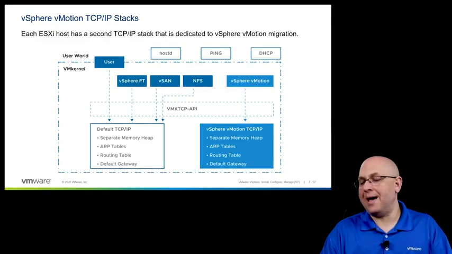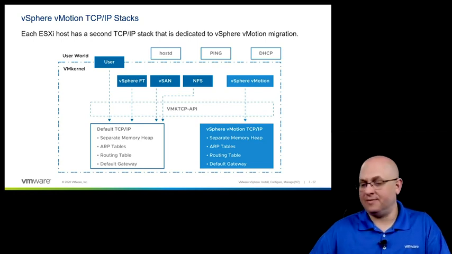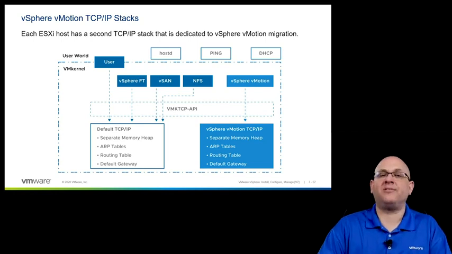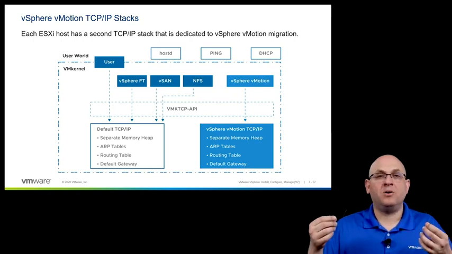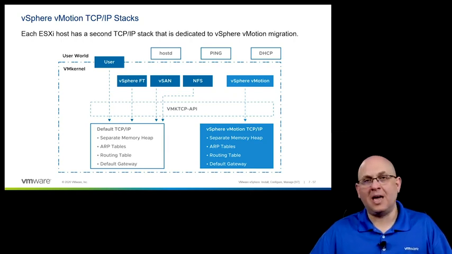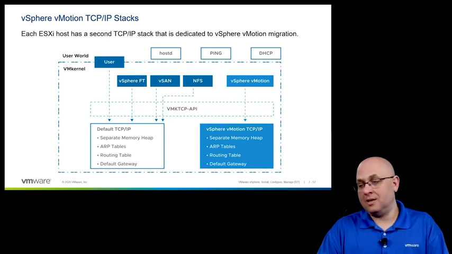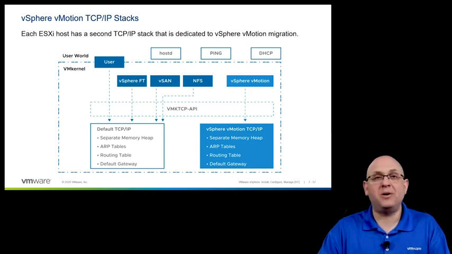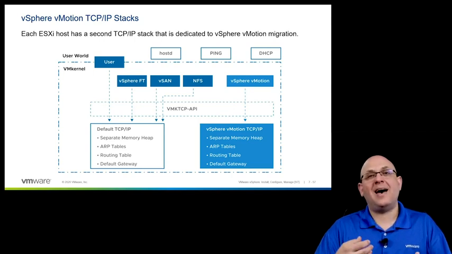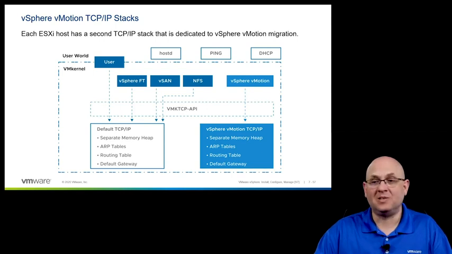So you can now imagine an ESXi host with multiple sets of TCP/IP stacks where they each have their own separate memory heap, their own separate ARP and routing tables, as well as their own separate default gateways. And this allows us to dedicate more resources to things like vMotion, ensuring that they get the resources that they need and can be successful with things like long-distance vMotion.